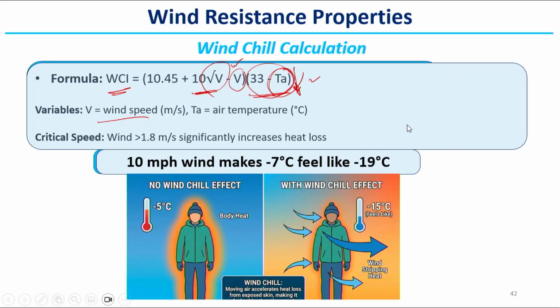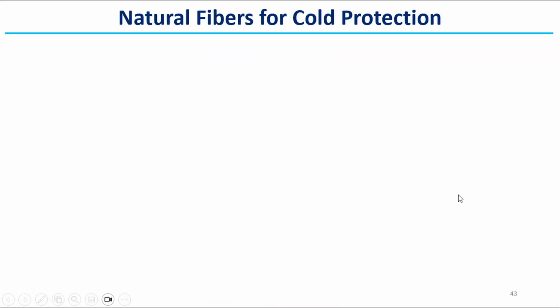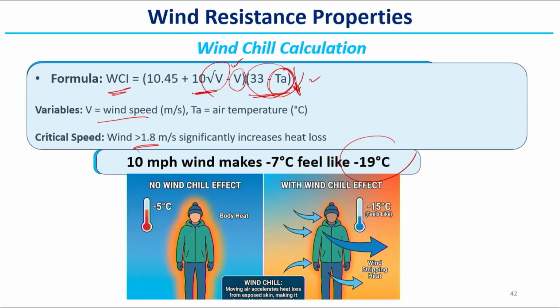So, a 10 meter per hour wind makes minus 7 degrees Celsius feel like minus 19 degrees Celsius. So, that is the feel like effect.